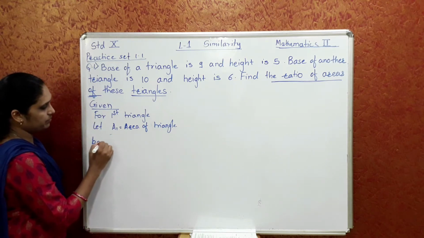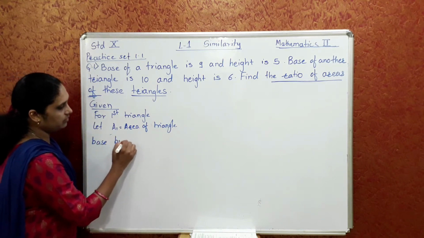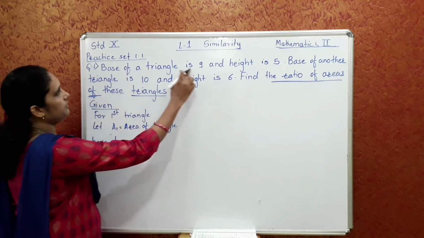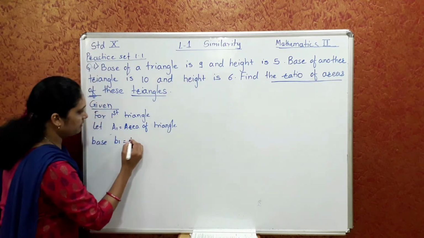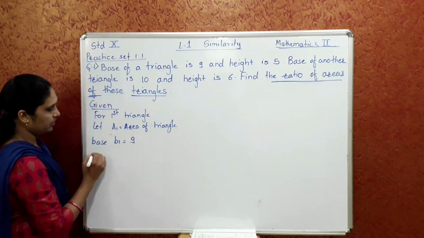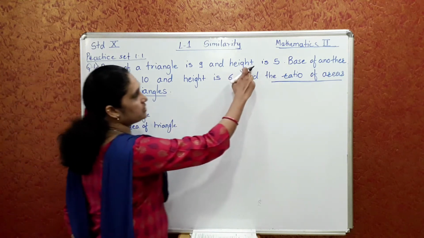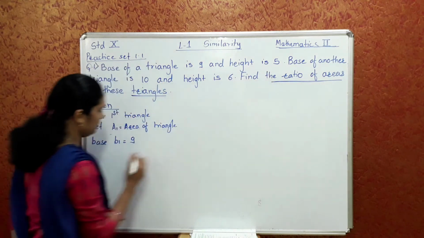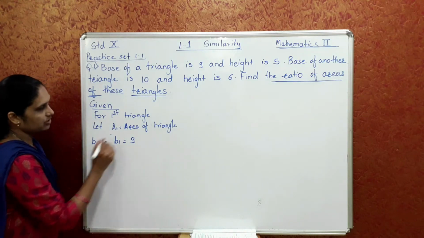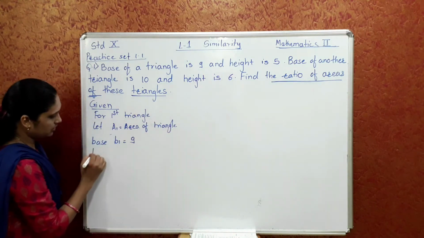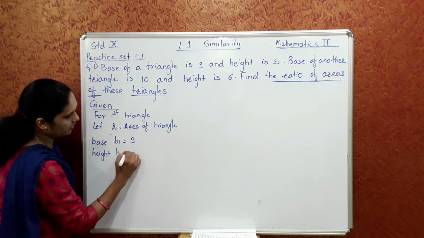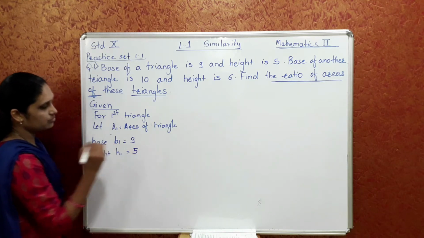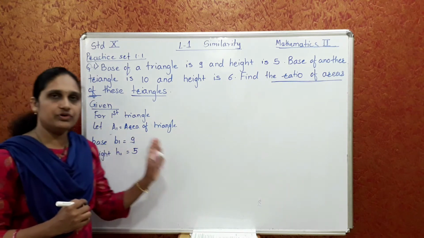Now its base B1 equals, what is given here? The base of a triangle is given as 9. So B1 I will write 9. Now the next information, height is given as 5. So I will write height H1 equal to 5. So this is the information for the first triangle.